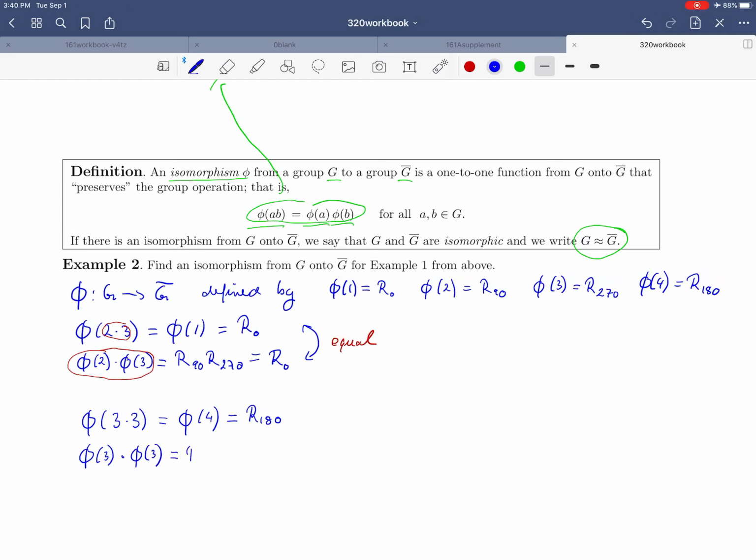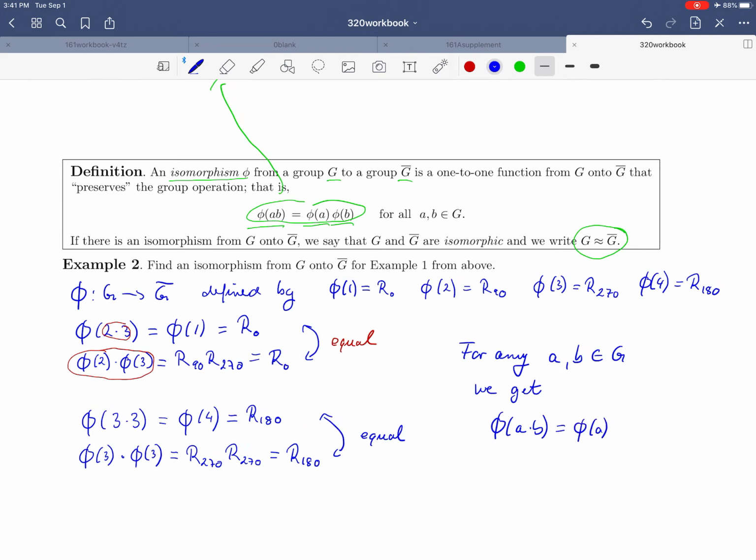That is R270 composed with R270, and that is R180. Again, we see that those two are equal. You could convince yourself that this is true for any A and B in our group G: phi of A times B is phi of A times phi of B.